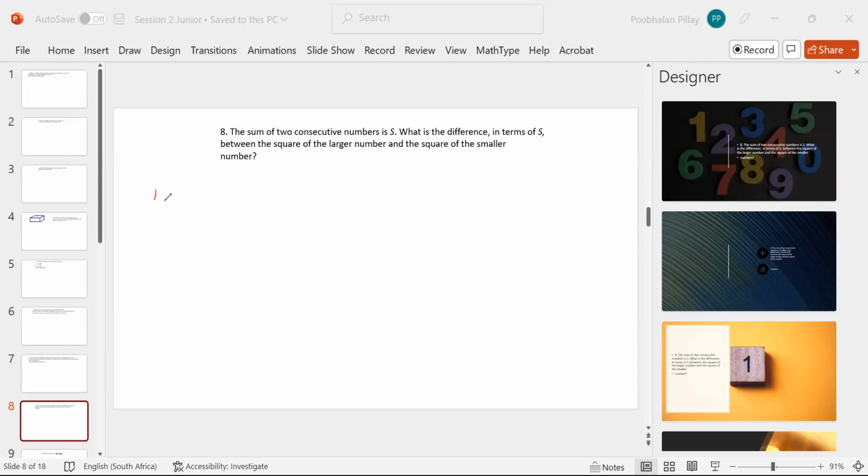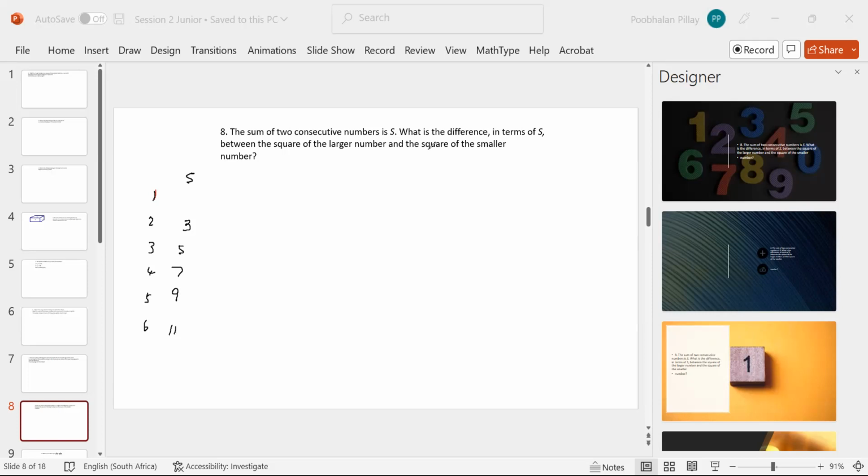Suppose we look at 1, 2, 3, 4, 5, 6. They say the sum of two consecutive numbers is S. So suppose the numbers are 1 and 2, then S will be 3. 2 and 3 will be 5. 3 and 4 will be 7. 4 and 5 will be 9. 5 and 6 is 11. So this will be S.